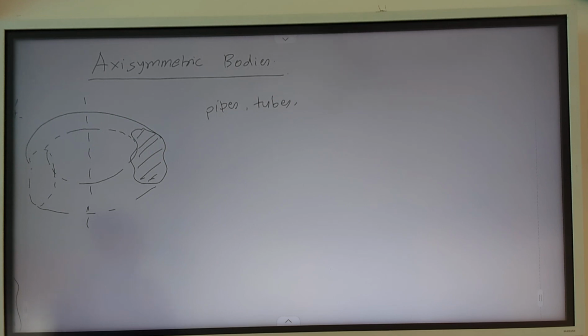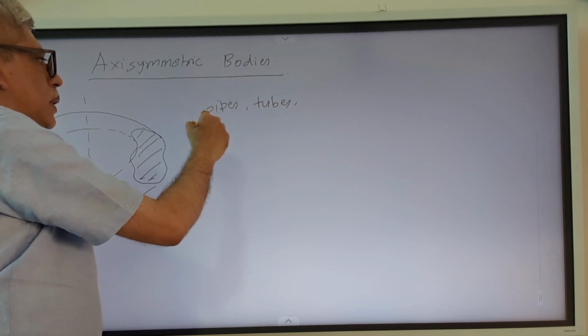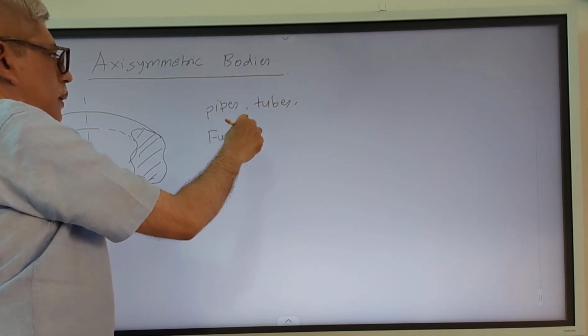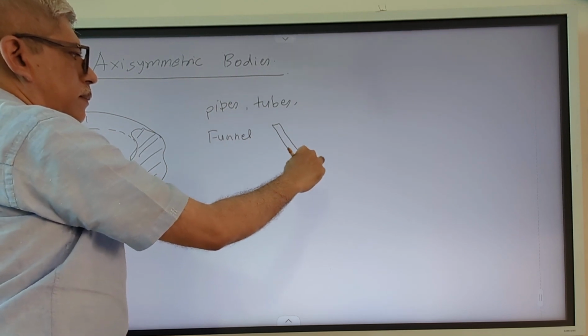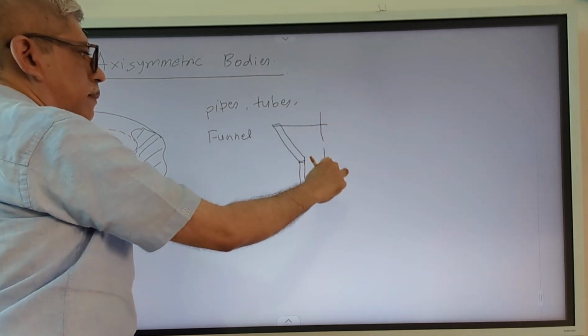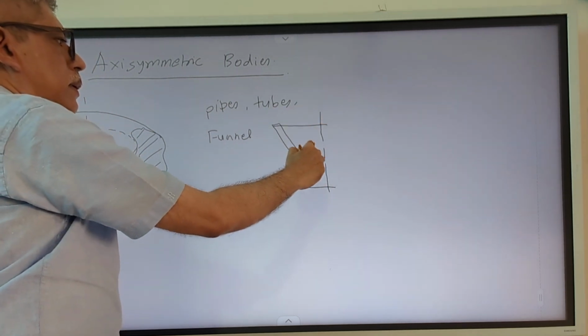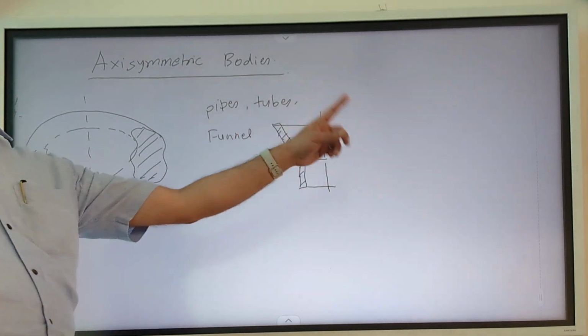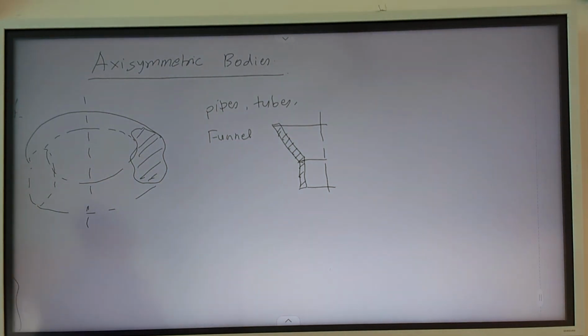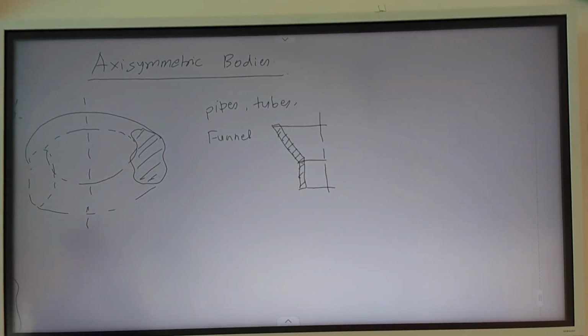I think you will get more examples. Cone type funnel, that's right. We have a funnel, so you have this cross section. If you revolve this, you will get a funnel which is cone type.